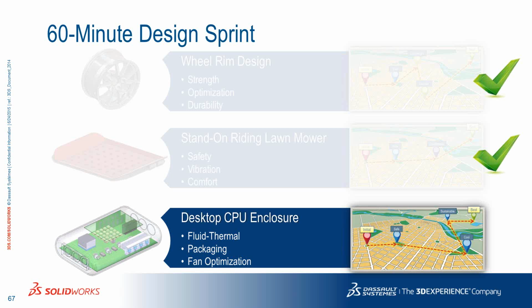Maybe I want to look at if I can get away with 1 fan, 2 fans, or 3 fans. If so, what's the best location of those fans? That's exactly where the value of flow simulation comes in, to help you test and understand those multiple design iterations that you're after, so that at the end of the day you can actually optimize things like airflow patterns, make sure that you can make a trade-off between using number of fans versus noise and things like that.